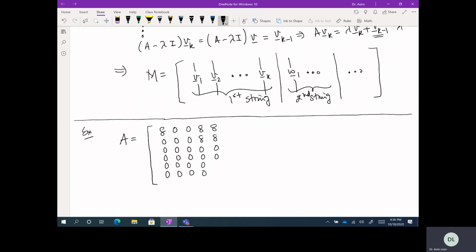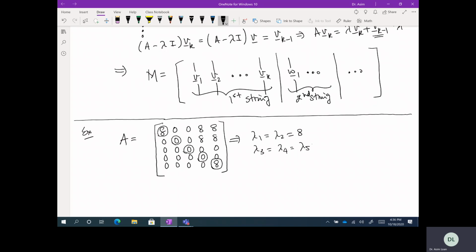I have 4 zeros, I'm sorry, I don't have this one. 8. So this is an upper triangular matrix, and these are the eigenvalues. So this implies lambda 1 equals lambda 2 equals 8, lambda 3 equals lambda 4 equals lambda 5 equals 0.